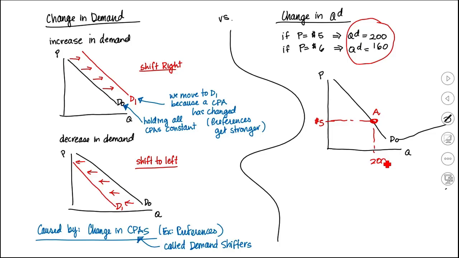I'm simply staying on the same demand curve and sliding which direction? To the left, right? Higher price. So put in a price of 6. That puts us at point B. And 160 are sold. All right. So the change in quantity demanded, guys, is right here.